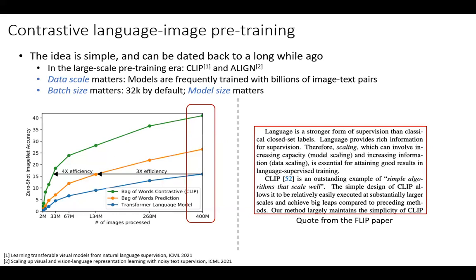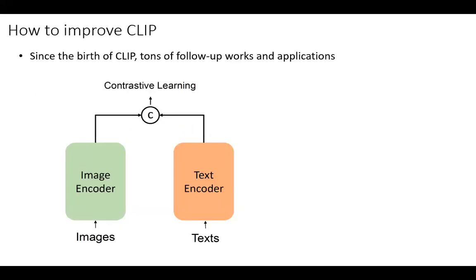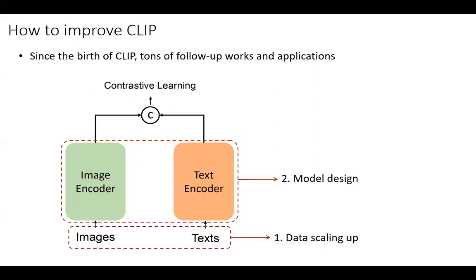So this is CLIP basically, right? And since the birth of CLIP, tons of follow-up works have emerged on arXiv, in CVPR, in all the conferences. So here I'm going to talk about some of the recent follow-ups that I think are interesting. For one is data scaling, right? You have the image, you have the text, but how can you further scale it up?